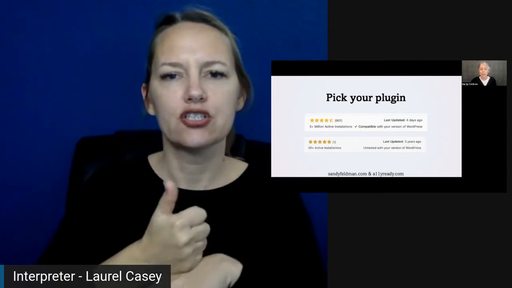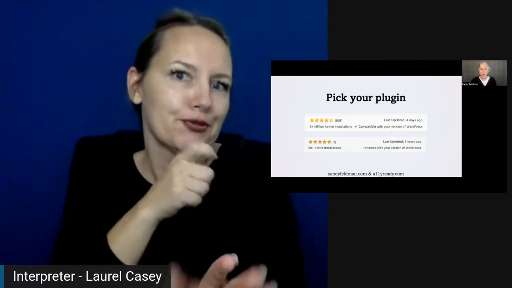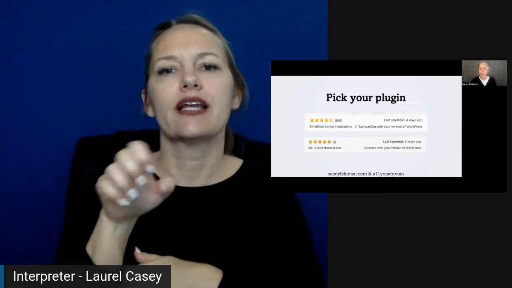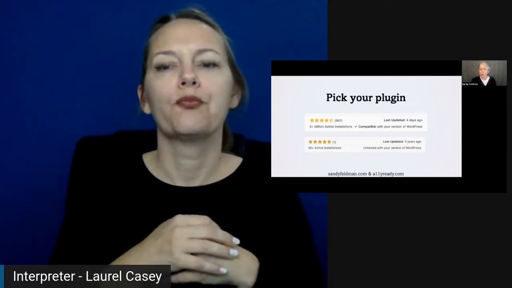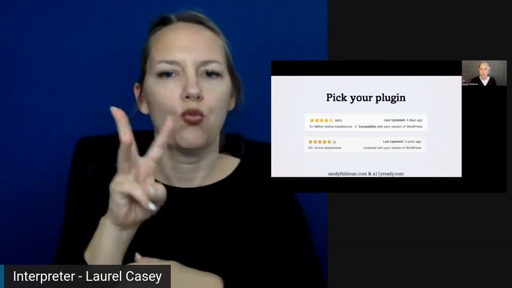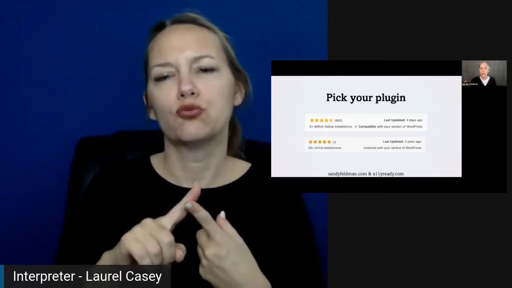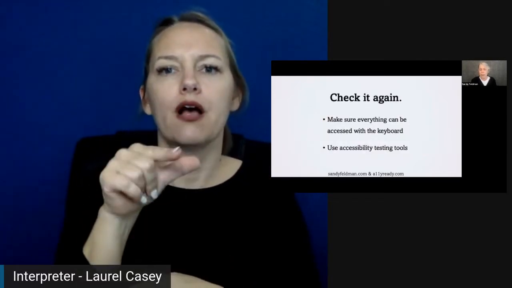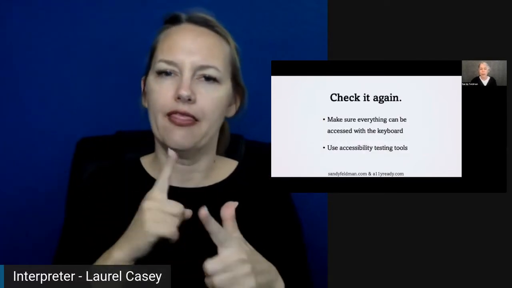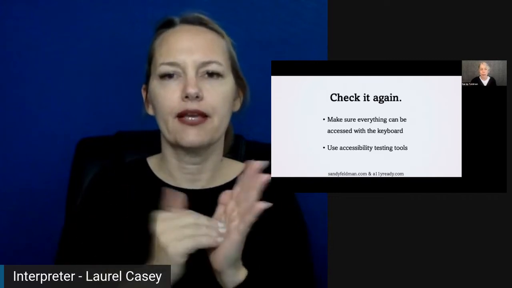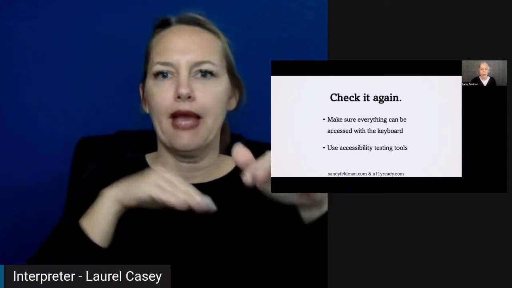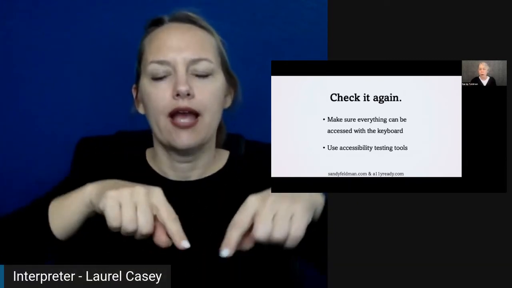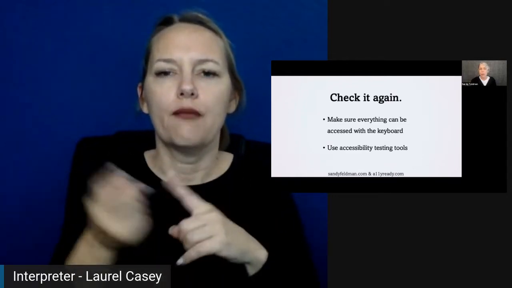We can guess who wrote that. Last updated 3 years ago, and untested with the version of WordPress. So use that information to pick which plugin. They both do the same thing. And install that plugin and activate it, and then check the theme again. Make sure that everything can be accessed with the keyboard, and use your automated tools to check out the site.